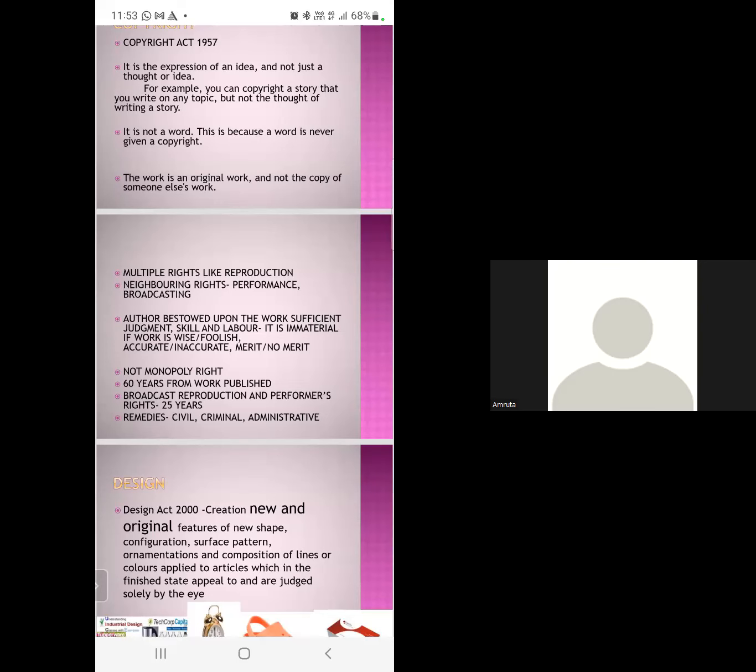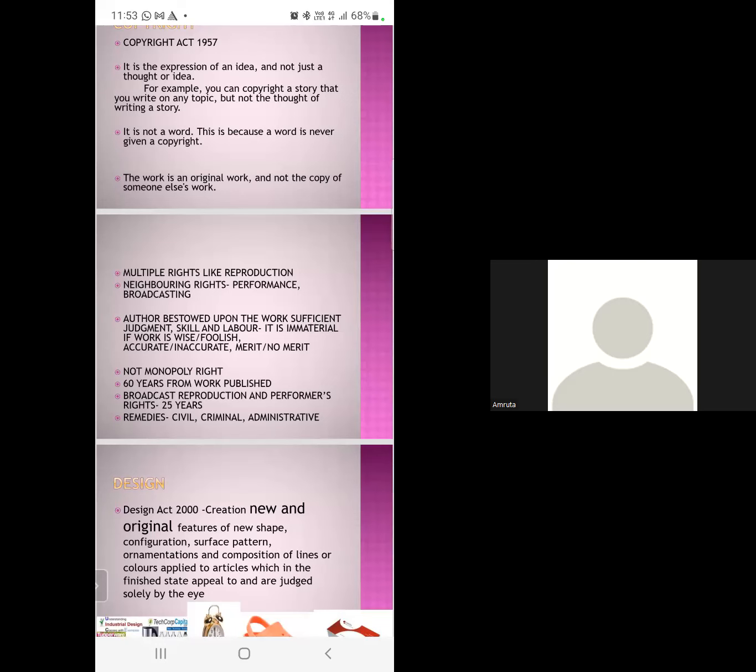And as I mentioned, there are broadcasting rights and performers' rights, where someone is performing on it. You can grant those rights to another person on license, and they are protected for 25 years. So for example, you are the lyricist and you have written a song and published it, then you get the copyright for 60 years.